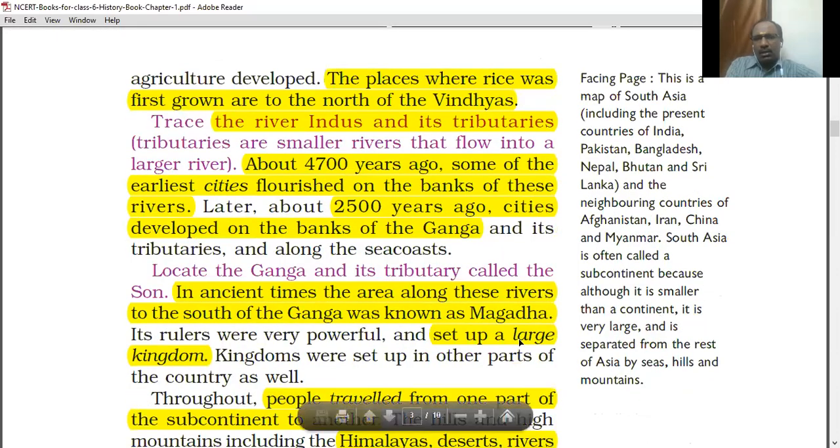So, the Indus cities developed 4,500 years ago, and the Ganga cities 2,500 years ago.